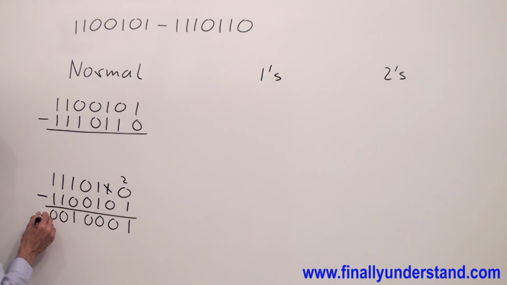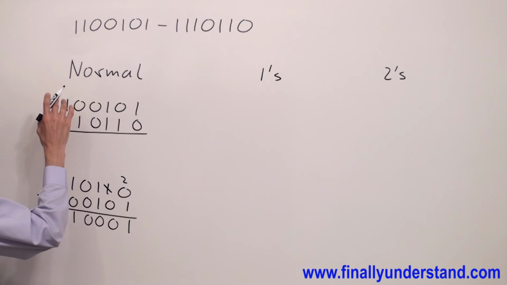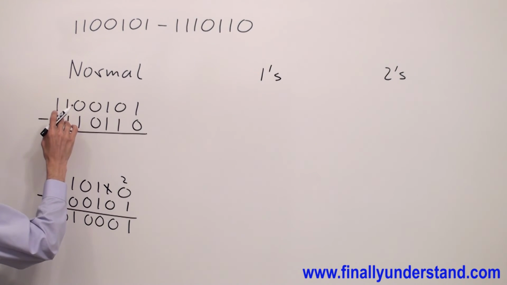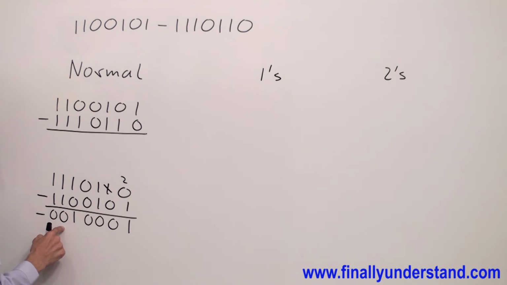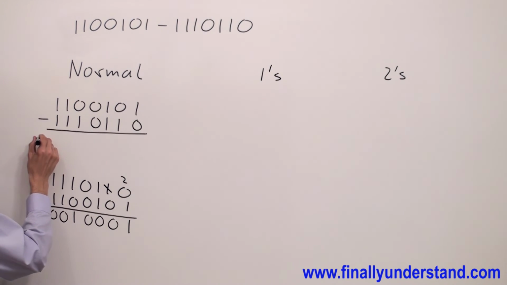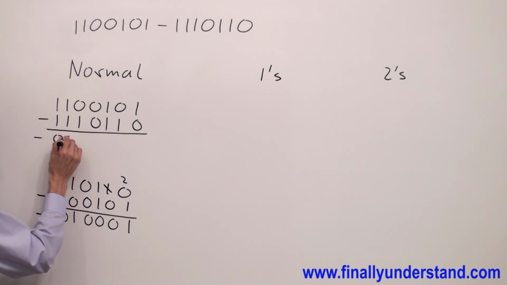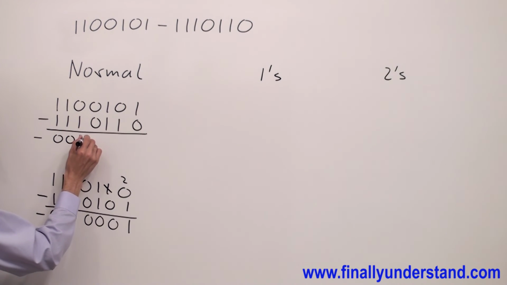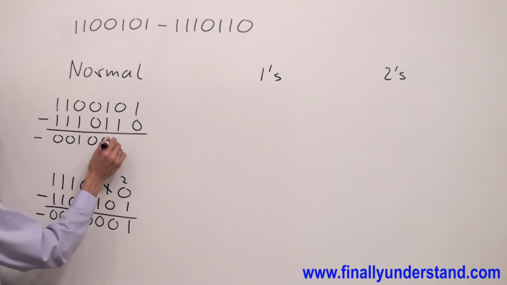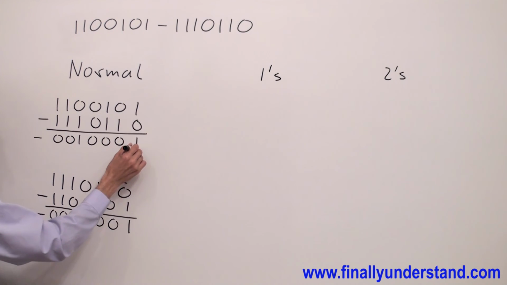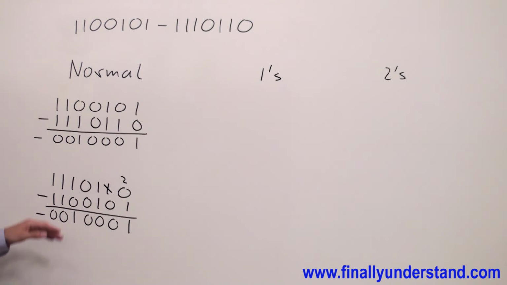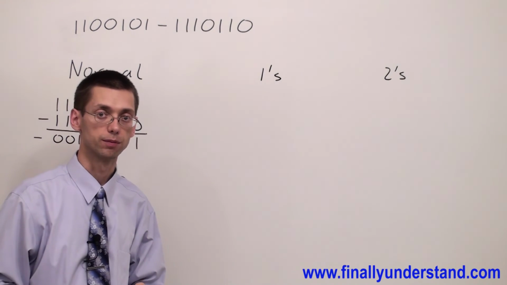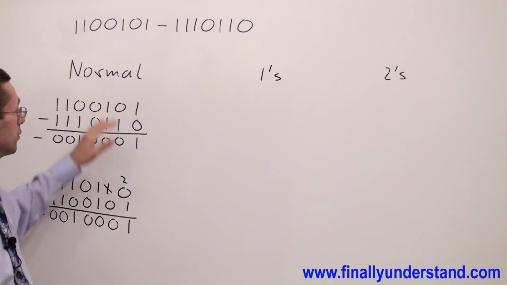And of course, this is going to be negative. Why negative? Because I'm subtracting a bigger number from the smaller number. That's why my answer must be negative. So I'm going to have negative 0, 0, 1, 0, 0, 0, 1. So this is the answer for my regular subtraction, which is very often called normal.